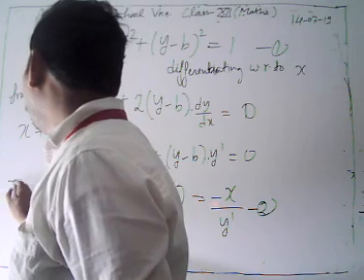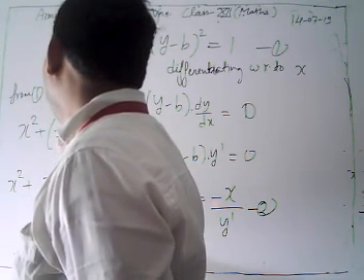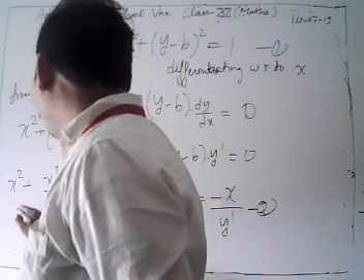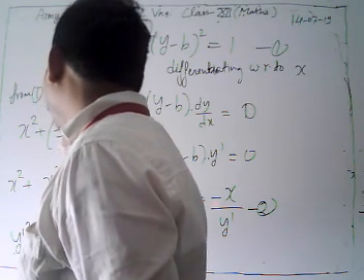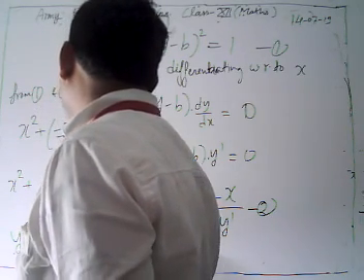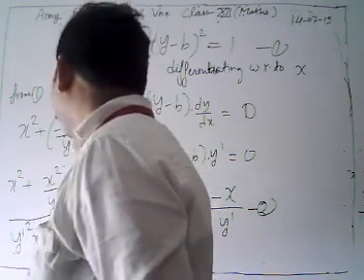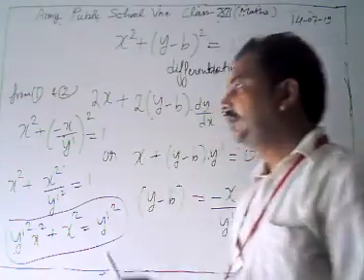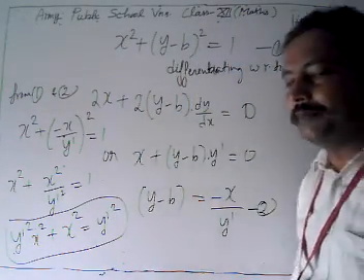Also we can write x square plus x square over y dash square equal to 1, or after solving, y dash square times x square plus x square equals y dash square. This is our differential equation of the family of curves given by x square plus (y minus b) whole square equal to 1.